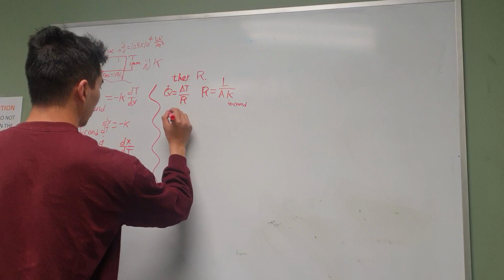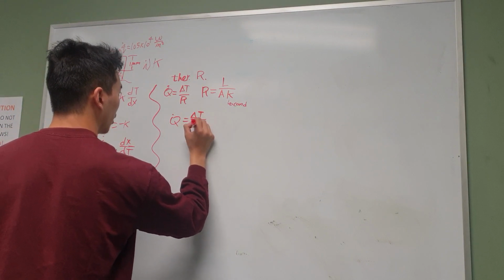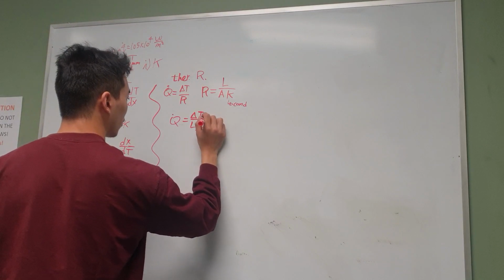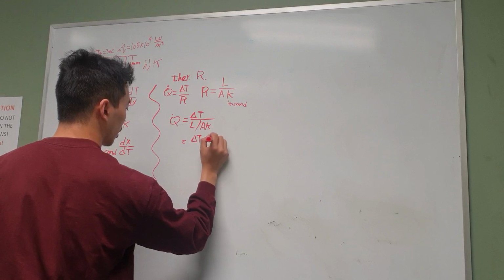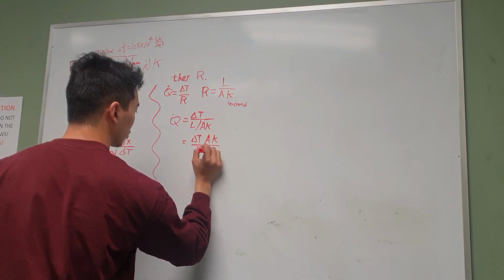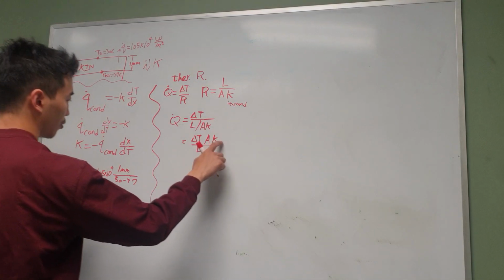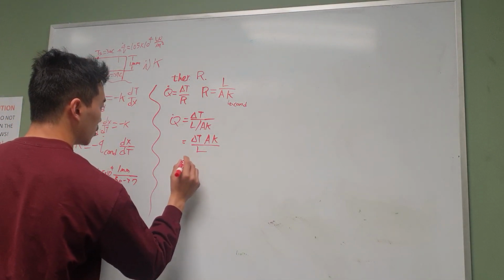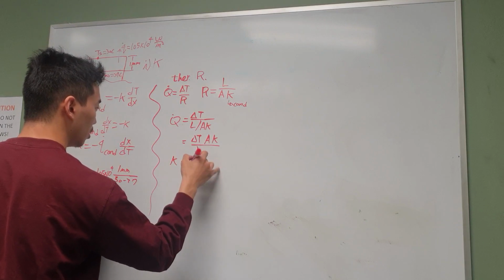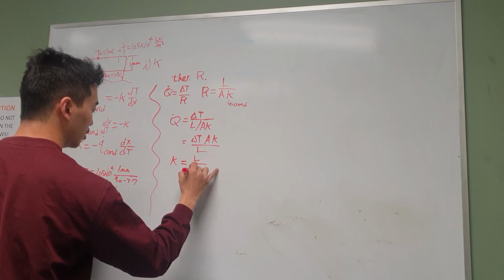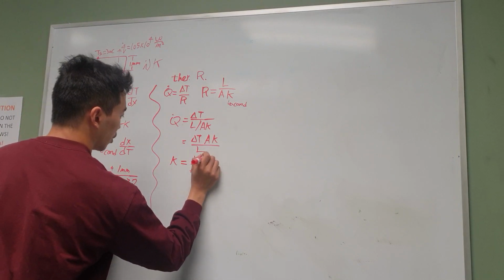We can combine this equation, Q equals delta T over L over A K, and rearrange it so that delta T times A times K is equal to Q times L. Here we are interested in K, so we're going to rearrange it for K. So L goes up, delta T, A goes down, Q up.